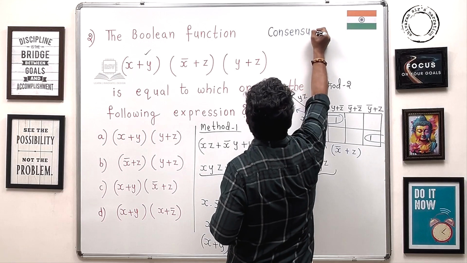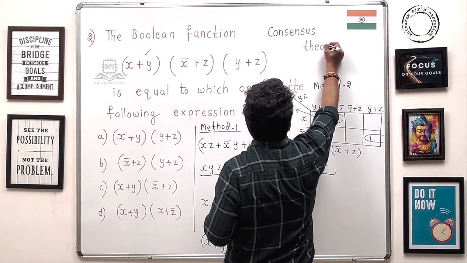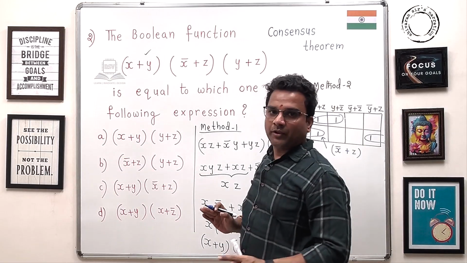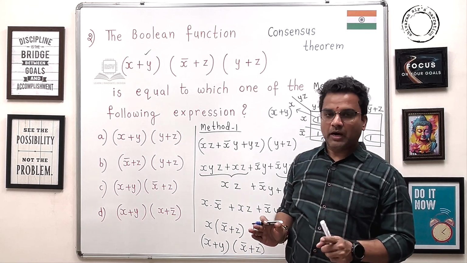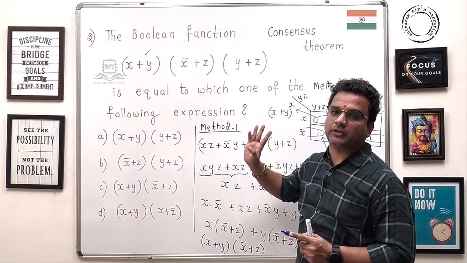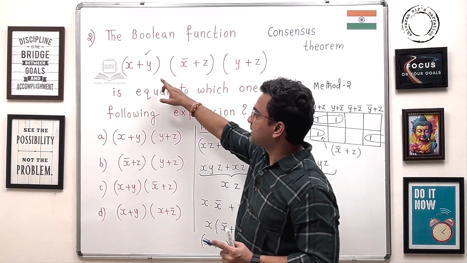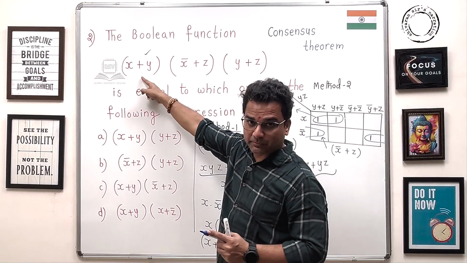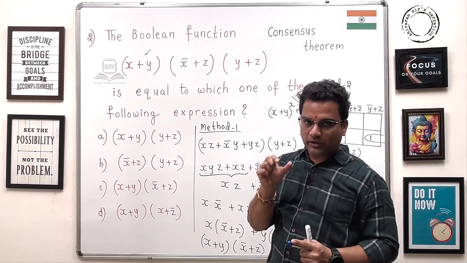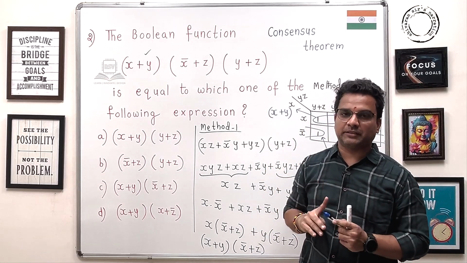As per this consensus theorem, if there is a function, it is a 3 variable function, however, only 2 variables are there in each product term, each max term or sum term. This is x plus y, z is missing, y is missing, x is missing. So in every sum term or max term, 1 variable is missing.